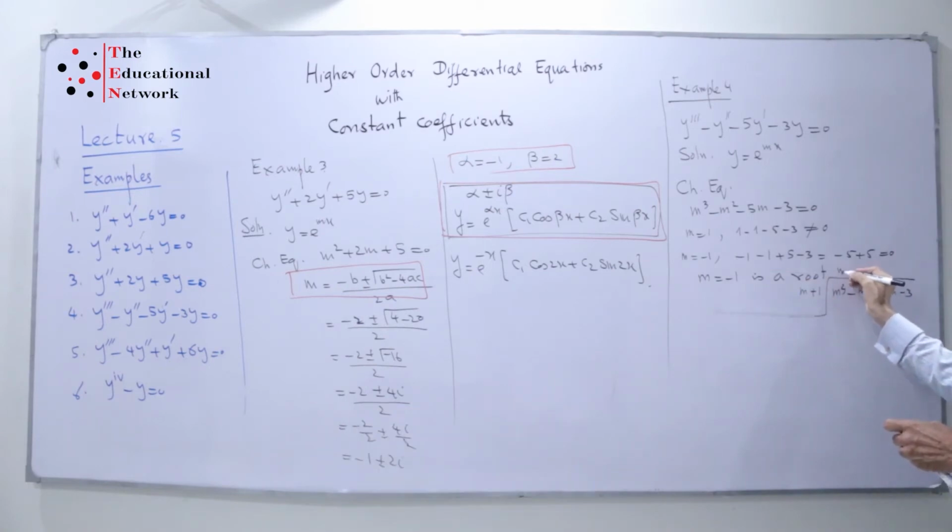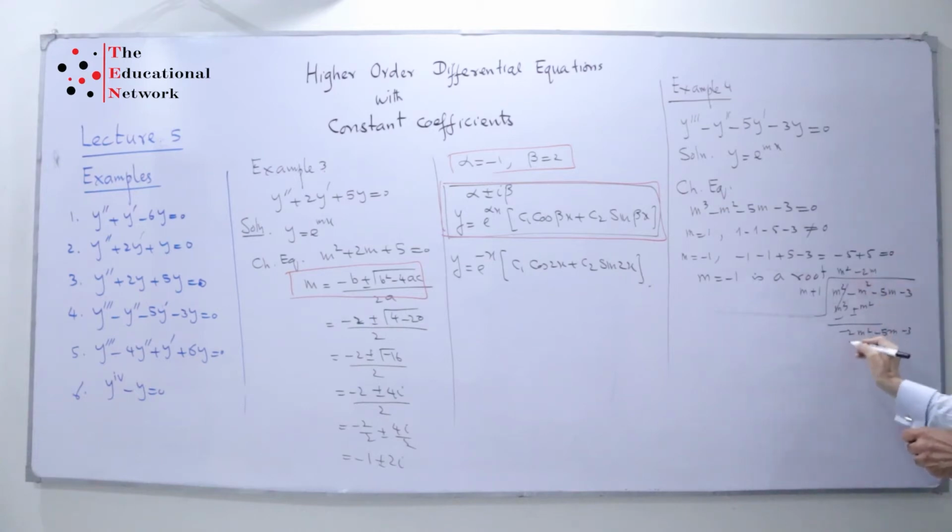We get m square, then m cube plus m square, which cancels, leaving minus 2m square minus 5m minus 3. Dividing by minus 2m gives minus 2m square minus 2m, and after changing the sign we get minus 3m minus 3. Dividing by minus 3 gives minus 3m minus 3, and after changing the sign we get 0.